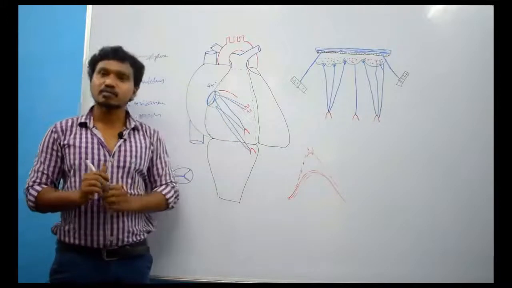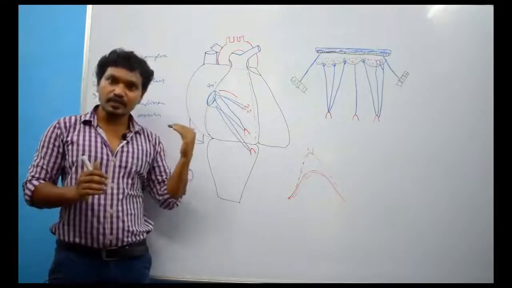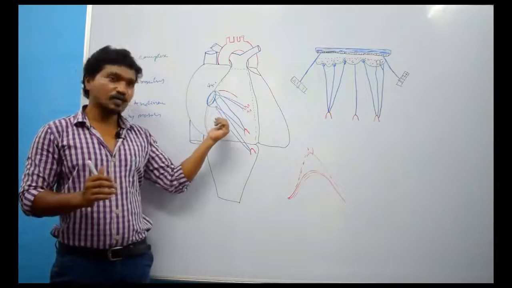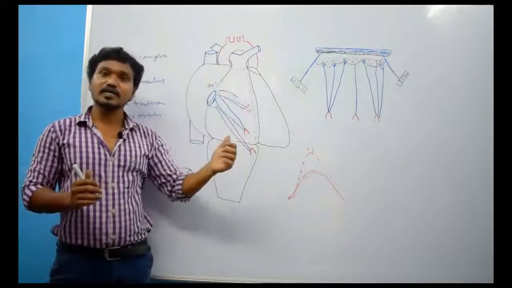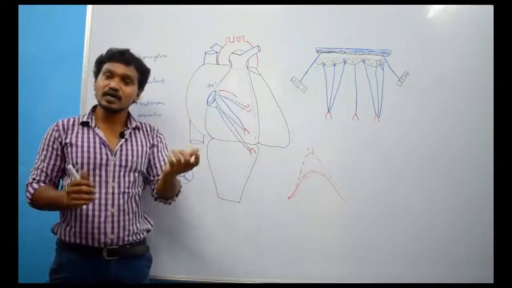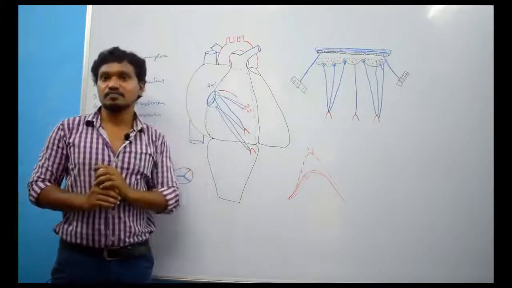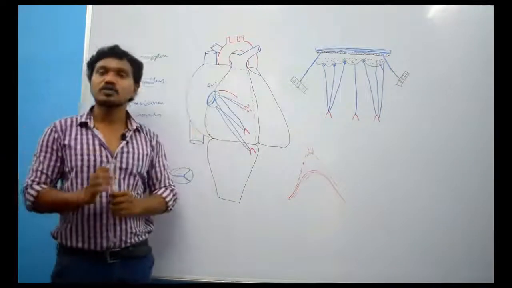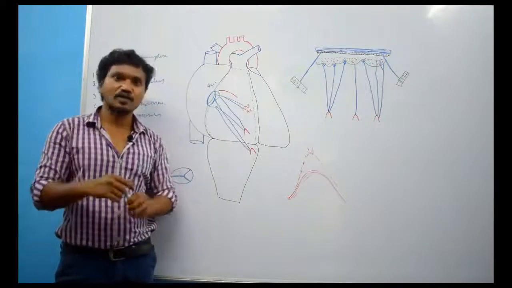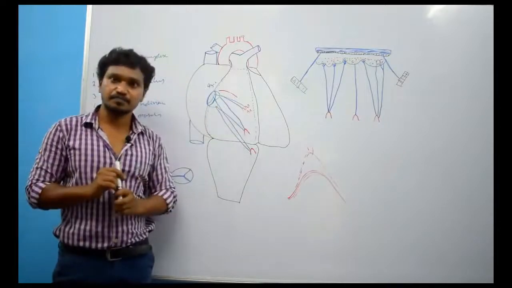And what is the importance of it? It separates the rough inflowing part from the smooth outflowing part, and it separates structures which are of different developmental origin, right? So that is about ridges. So many ridges will be there. This is only worth mentioning.